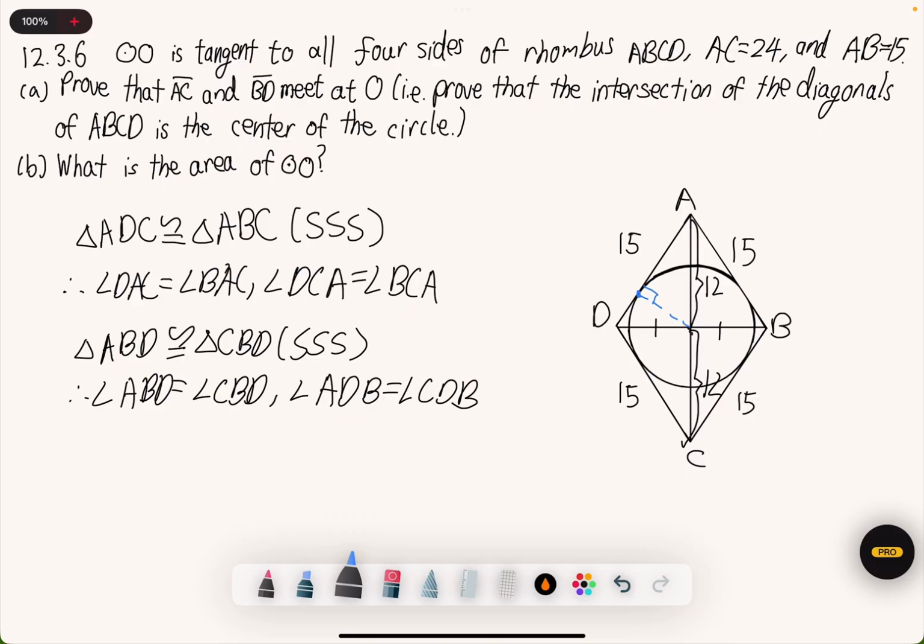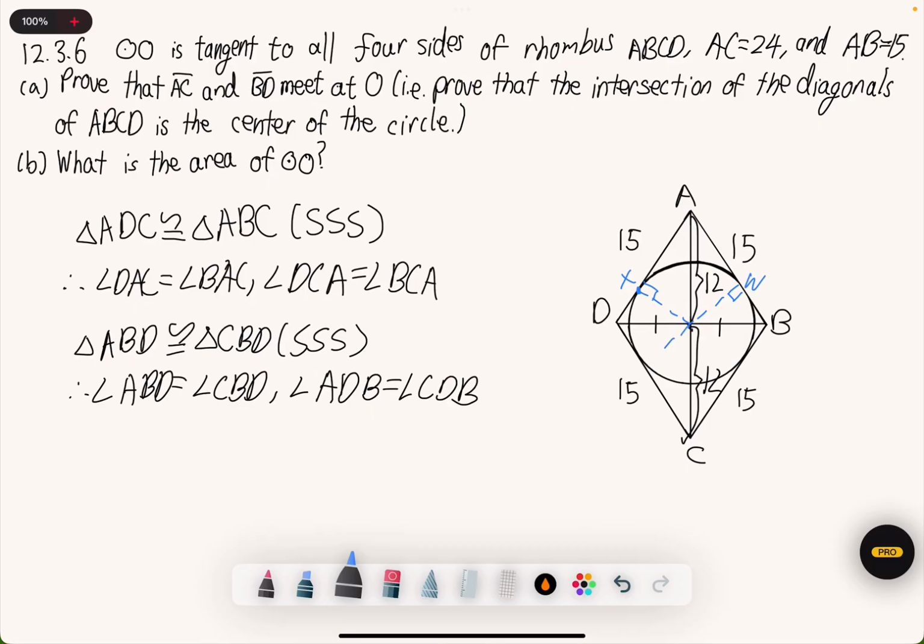So let's call this X. We also know that this point is again perpendicular, so let's call this W. And we can call this point Y, and then we can also call this point Z. So we know that there are four perpendicular lines here.